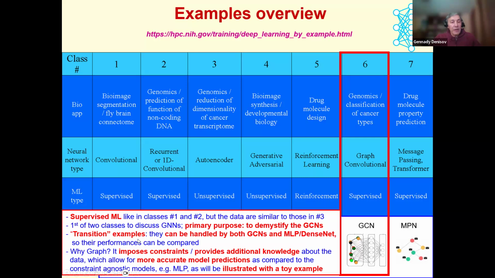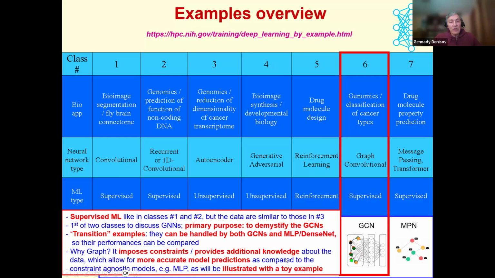And a final, I think important, note just about why we consider graph at all. Why do we want graph for this data if they can be handled by other types of networks? The quick answer is that graph imposes certain constraints on the model and provides additional knowledge about the data.